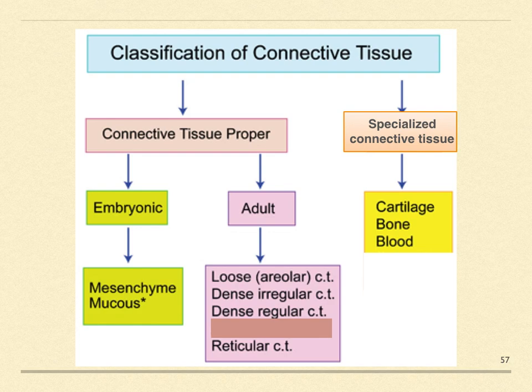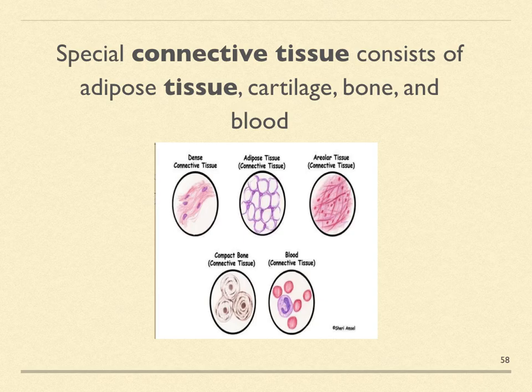In addition to connective tissue proper, here we have got the specialized connective tissue. Here, connective tissue undergoes some change and then it converts into another tissue like the cartilage, bone, and blood. The specialized connective tissue, or special connective tissue, includes the adipose tissue, cartilage, bone, and blood.